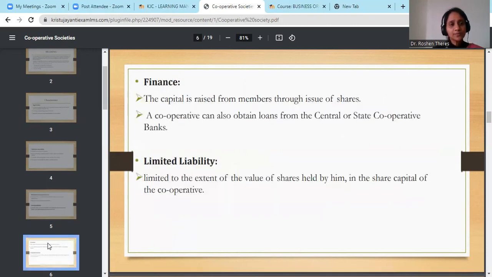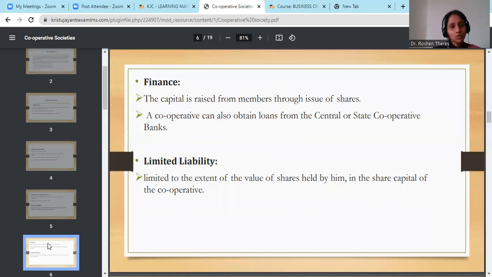And finance. What about the financing of the cooperative society? It can be raised by issuing shares to the members of the cooperative society, and also the cooperative societies can take loans from the central or state cooperative banks. The cooperative societies get preference to get loans from the central or state cooperative banks.